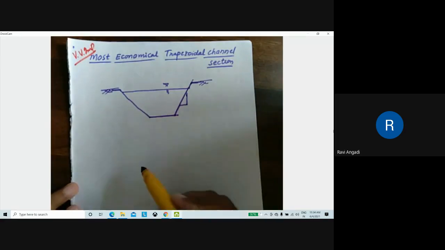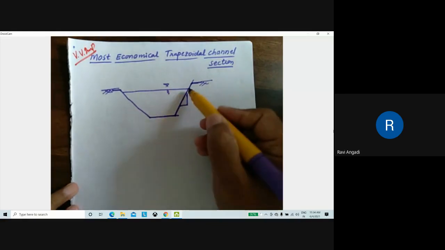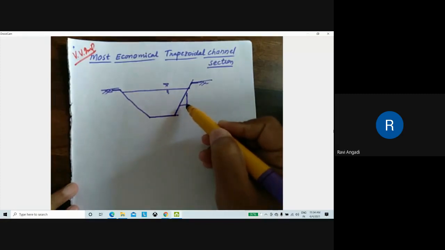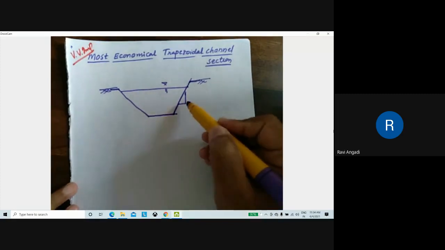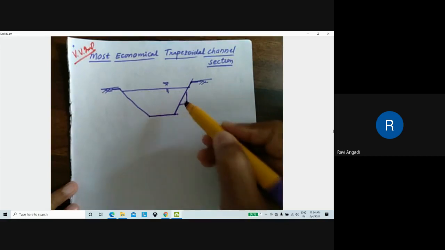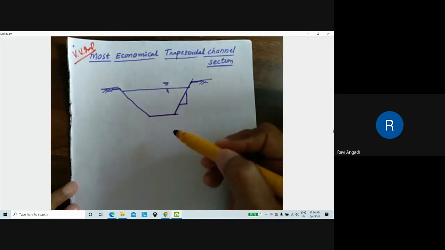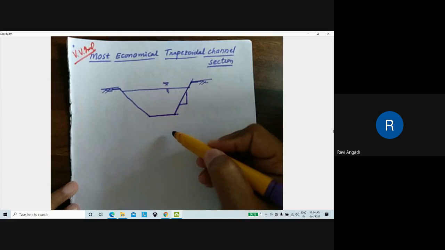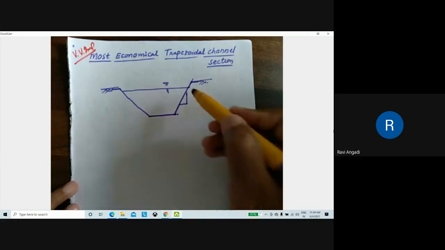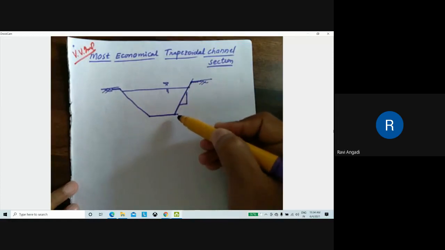Generally, the side slope in a particular soil is decided based on the type of soil present on the site. The soil from the site where you are excavating the channel has to be tested in the laboratory, and based on the soil properties the side slopes are decided.